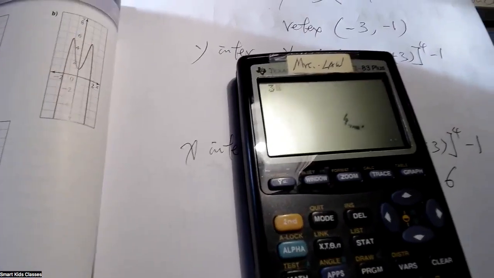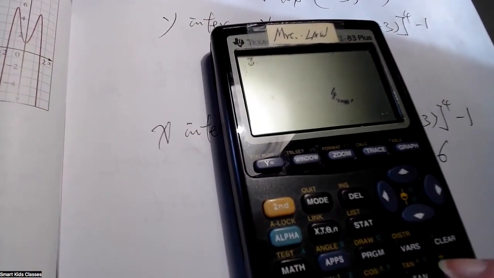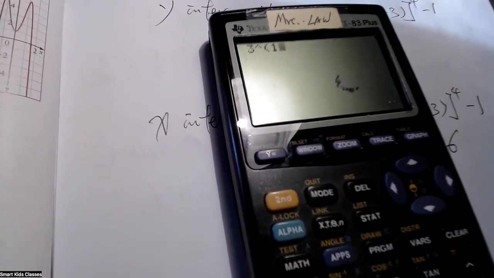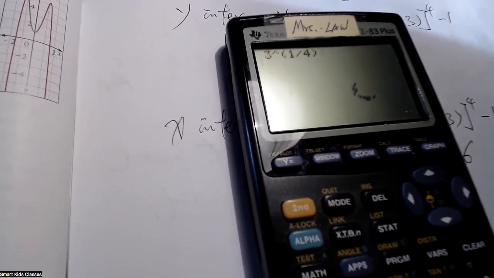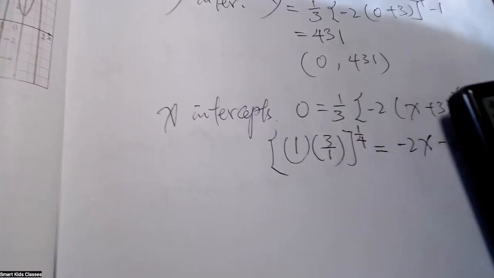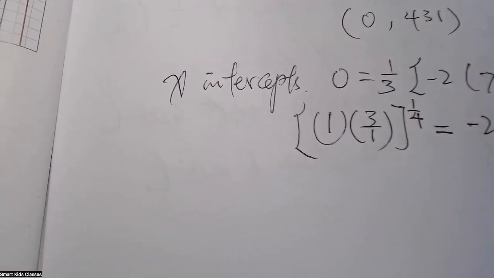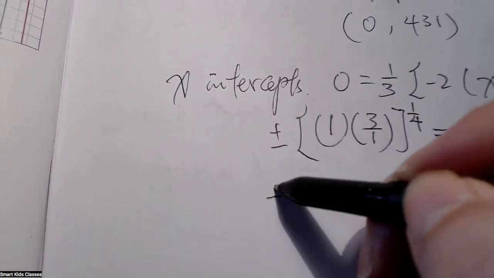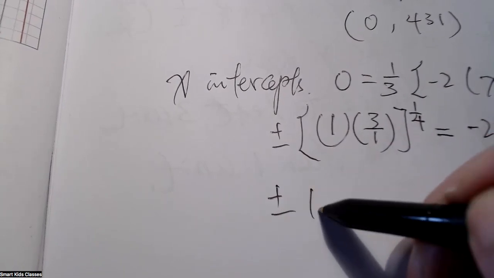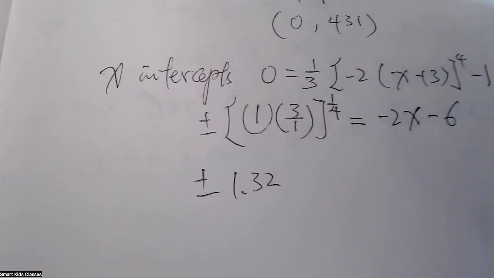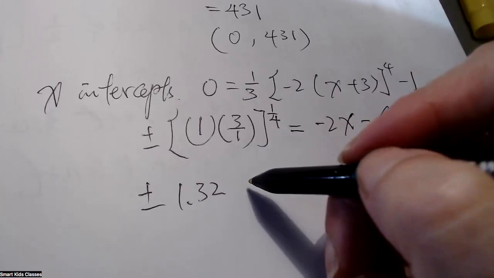I'm going to use a calculator: 3 exponent 1/4. So we're going to get 1.32. So this will be positive and negative, so positive and negative 1.32. So we move 6 here, it will be plus 6.